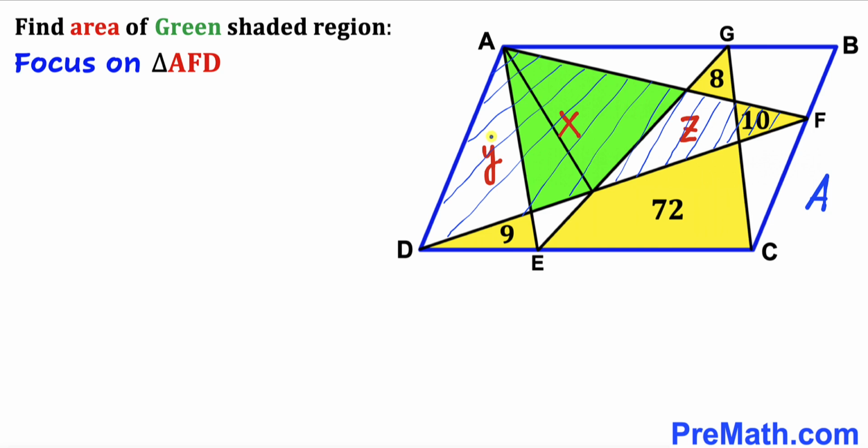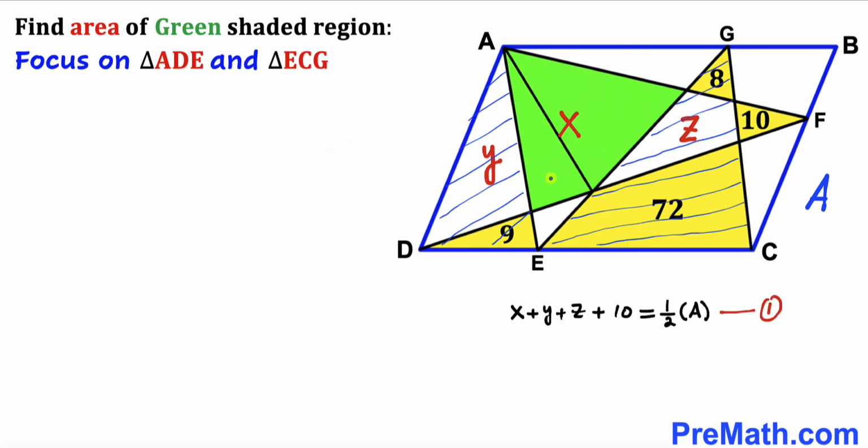And now we can see the sum of all these individual areas Y plus X plus Z plus 10 is going to be equal to the half of this whole area A. So therefore, let me write down: area X plus area Y plus area Z plus 10 is going to be equal to the half of this whole parallelogram area A. And I'm going to label this one as our equation number 1.